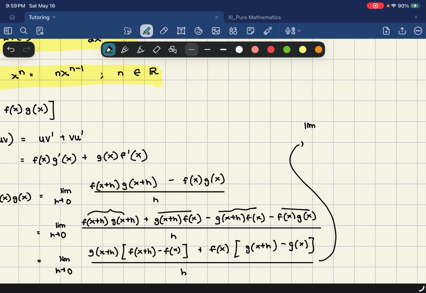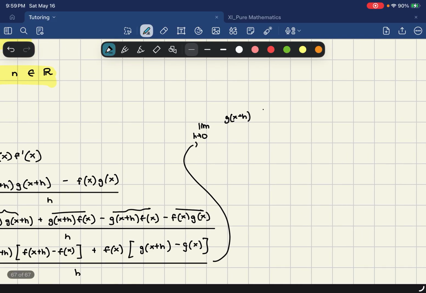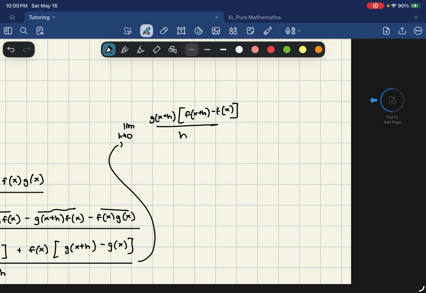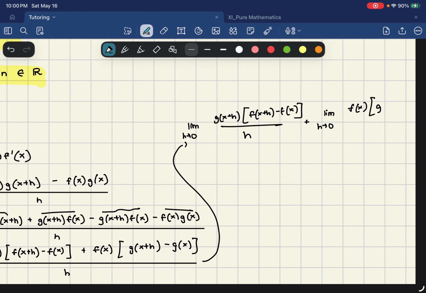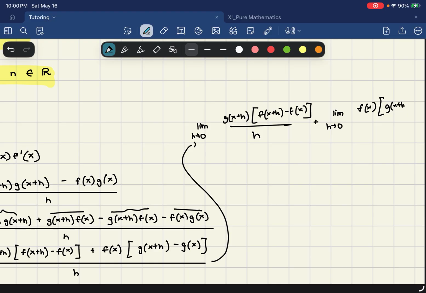You're going to get limit as h tends to 0, g of x plus h, then you have f of x plus h minus f of x divided by h plus limit as h tends to 0, f of x, g of x plus h minus g of x divided by h.